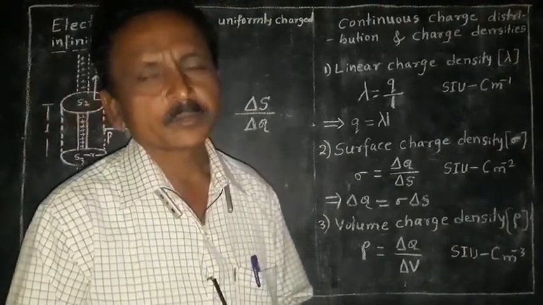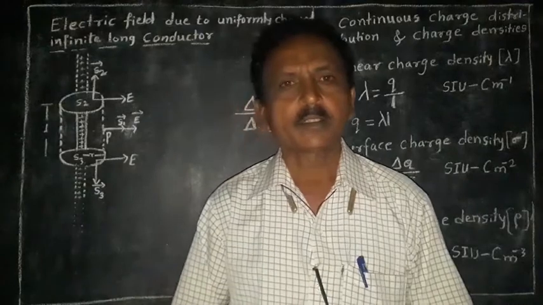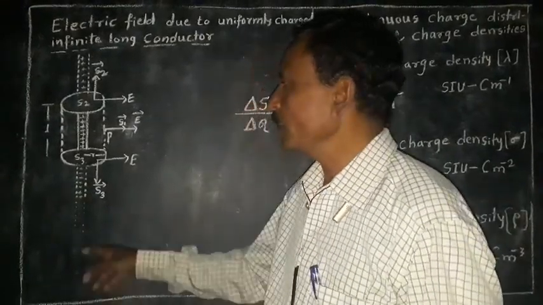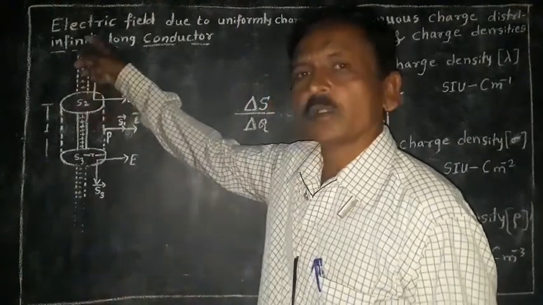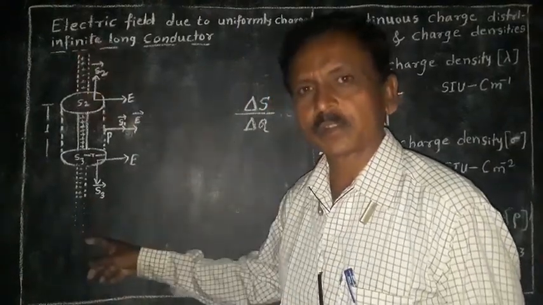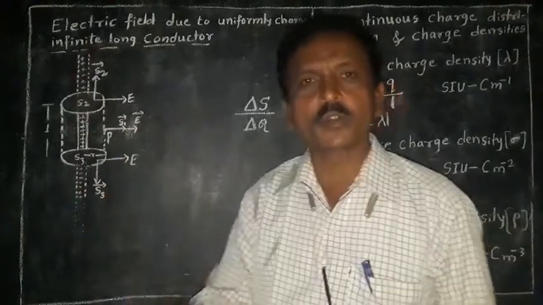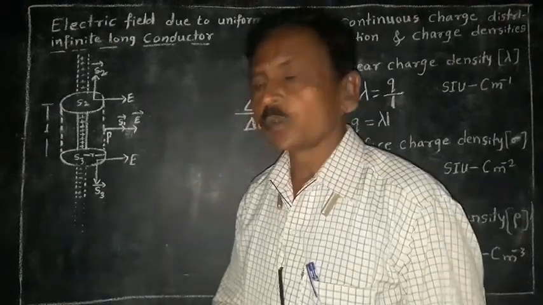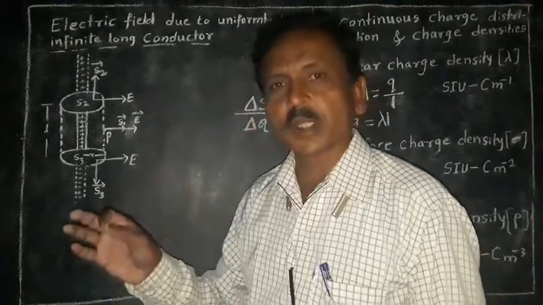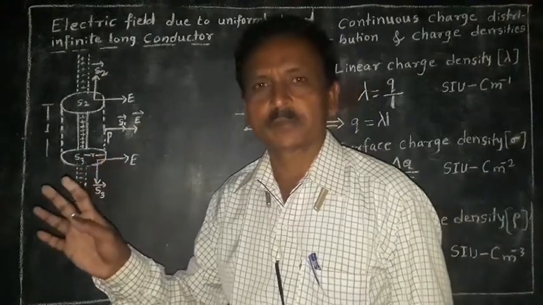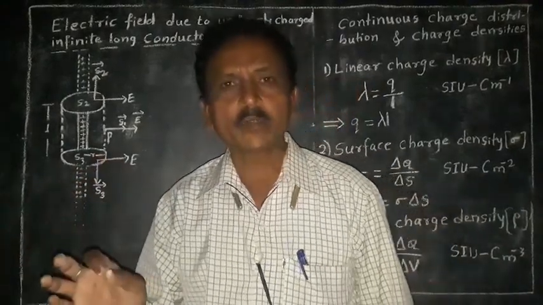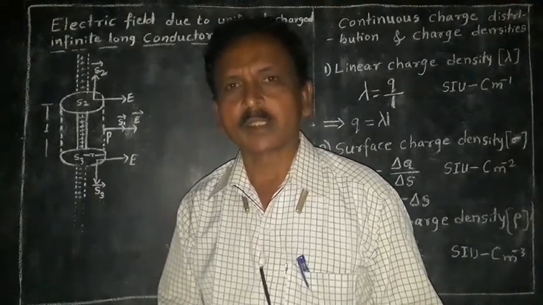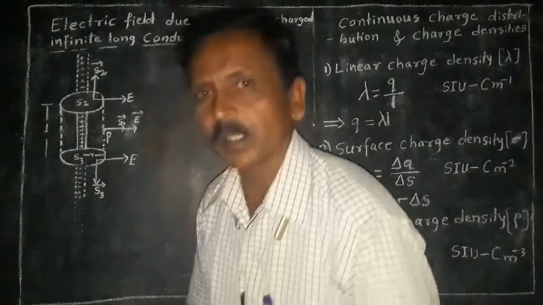And Gauss law is used to calculate electric intensity at a point due to a uniformly charged infinite long straight conductor or wire. It is also used to calculate electric intensity due to a uniformly charged infinite plane sheet, and to calculate electric field due to a uniformly charged spherical shell.